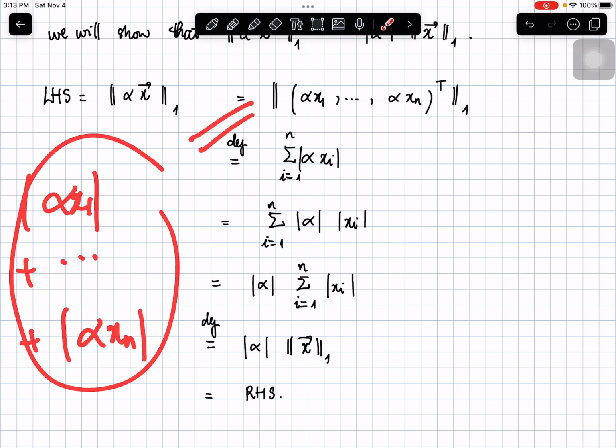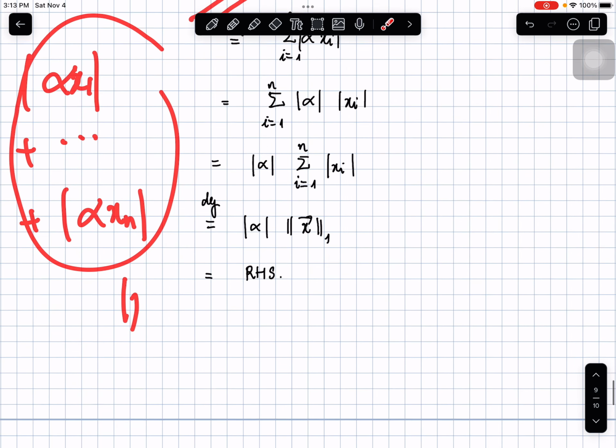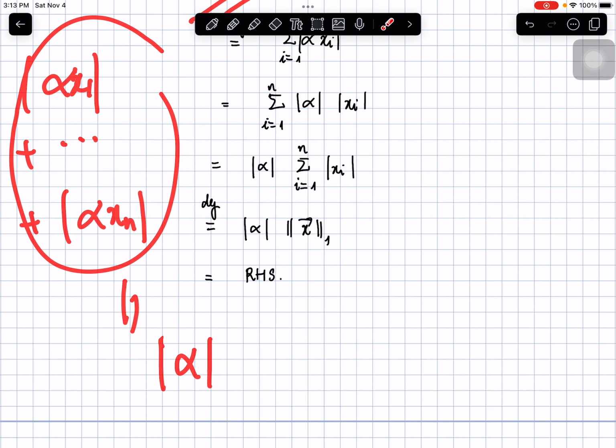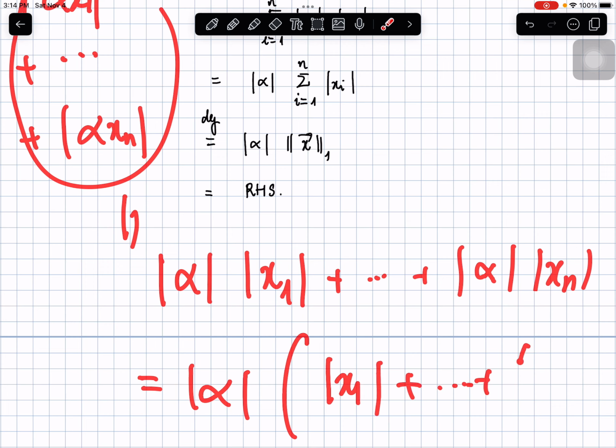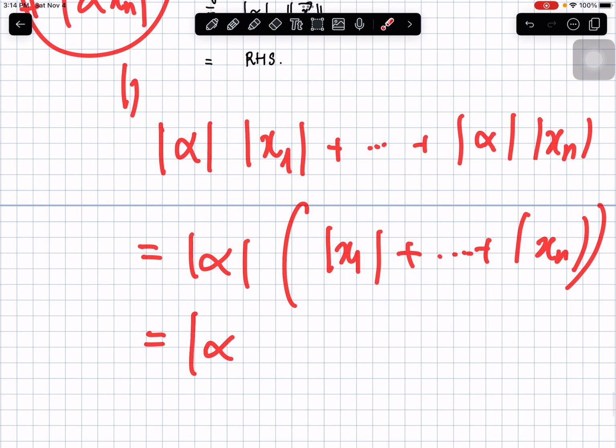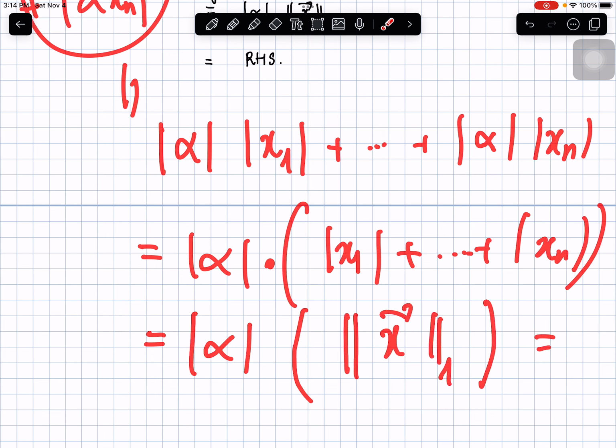This one equals the absolute value of alpha times the absolute value of x1 plus ... plus the absolute value of alpha times the absolute value of xn. This is in fact the absolute value of alpha times the sum of the absolute values of x1 through xn. By definition, this is just the norm 1 of x, which is the right hand side.